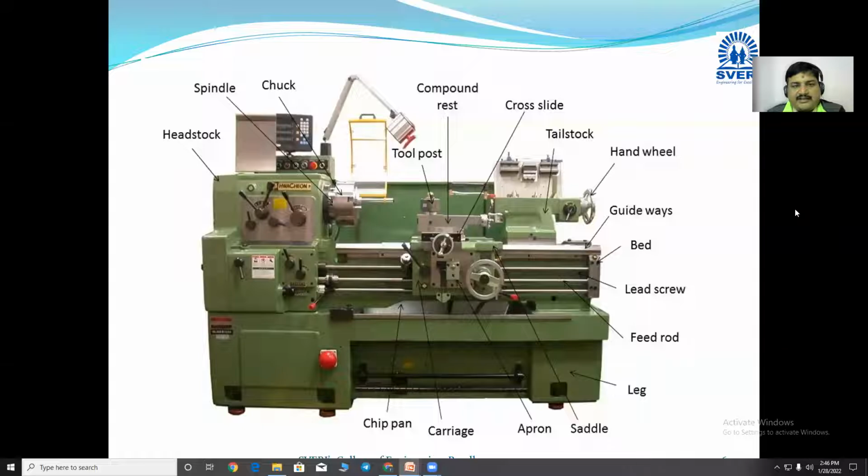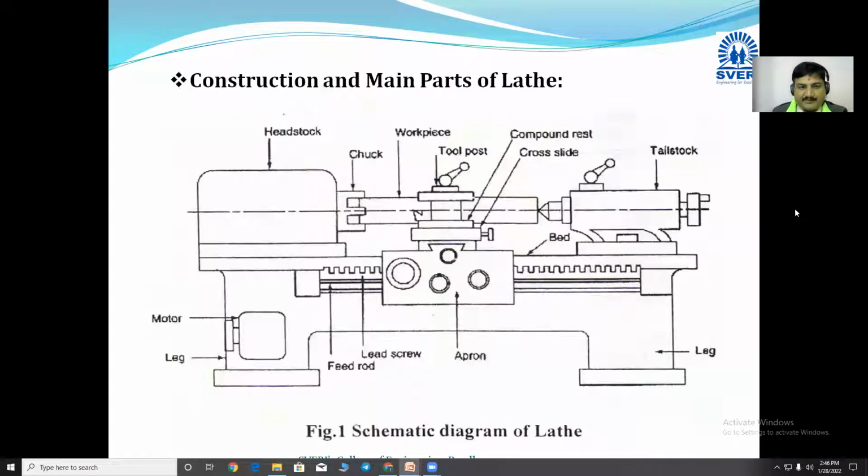Here you can see many panels, many knobs, many handles, many wheels. This is the original diagram of the lathe machine, but we cannot draw such a 3D lathe machine on the paper. That's why this schematic diagram, that is block diagram of the lathe machine, we are going to refer. Is it clear to everybody?